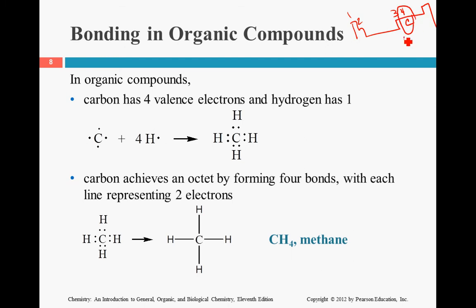That means it has 4 valence electrons, which means it's going to have 4 dots around it. 1, 2, 3, 4. Hydrogen is in the first row, meaning it's going to have 1 valence electron, which means it has 1 dot around it.